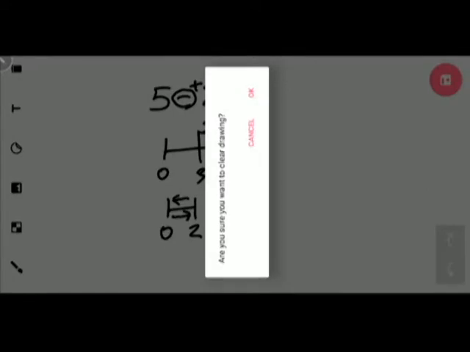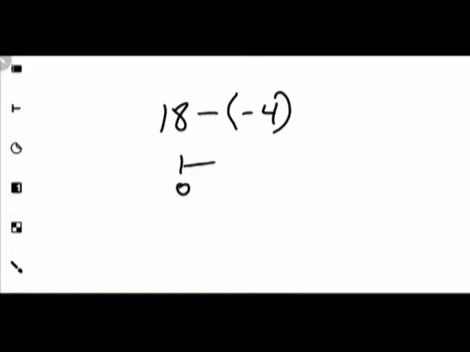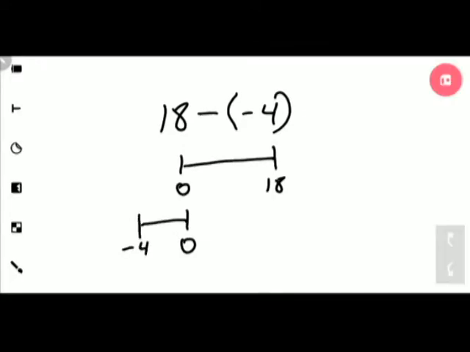Let's see if this works with a negative number. 18 minus a negative 4. 18, 0, negative 4. We are moving this direction.